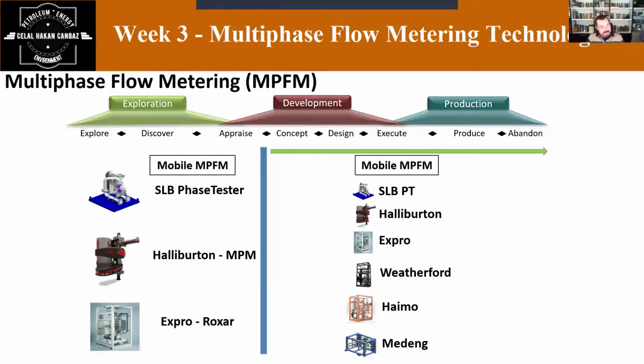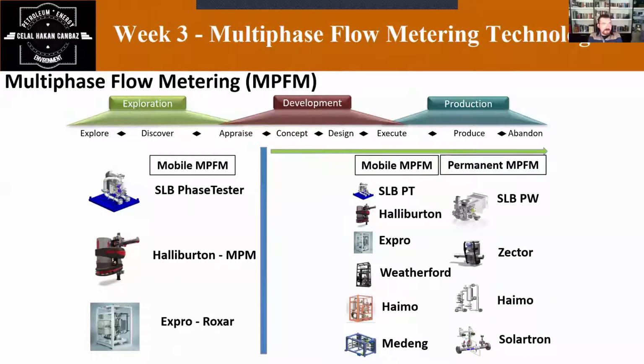In this case, you can use the Schlumberger device, Halliburton, Expro, Weatherford as well. Hymo and Medenk are useful too. When you are making decisions in the future, first of all, you have to describe which phase you are in in your field, and then according to that, you have to select your tools. Okay.